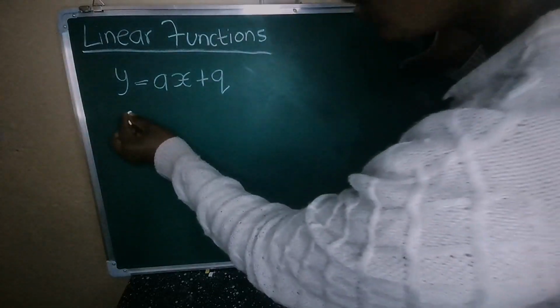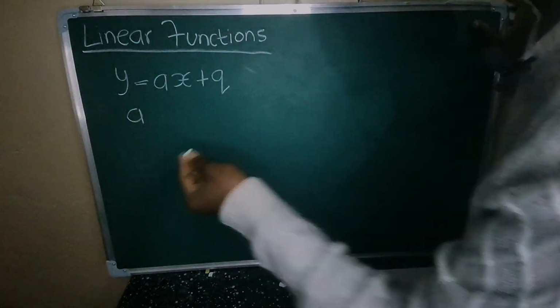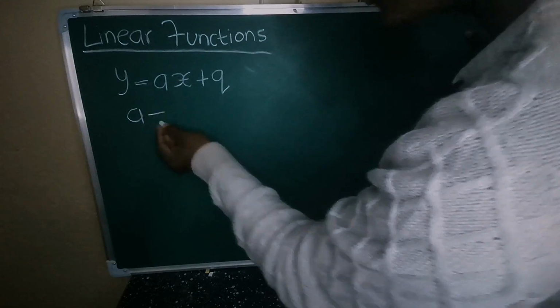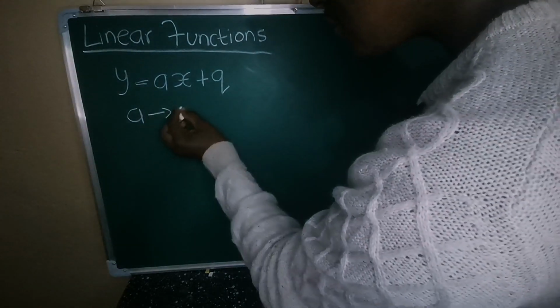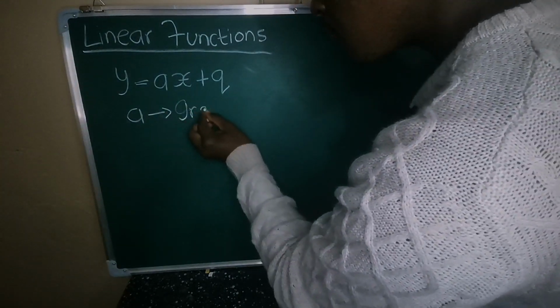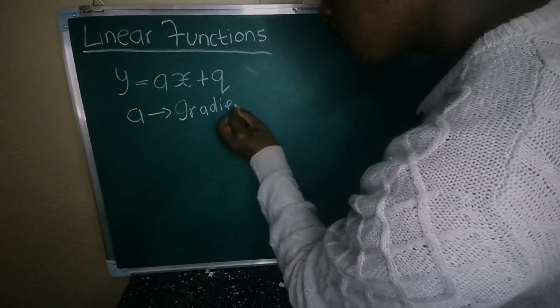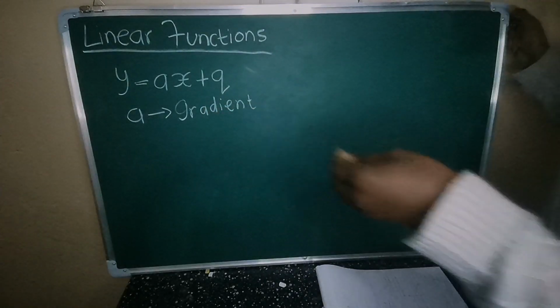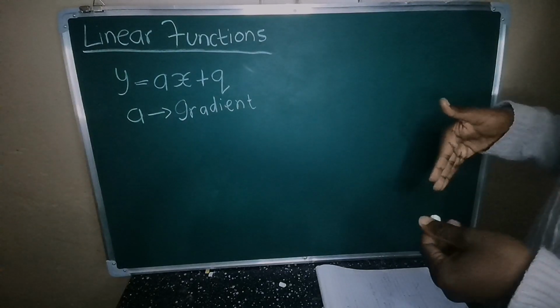So you know that the value of a is the one that determines the shape. It is our gradient, the steepness of the line.